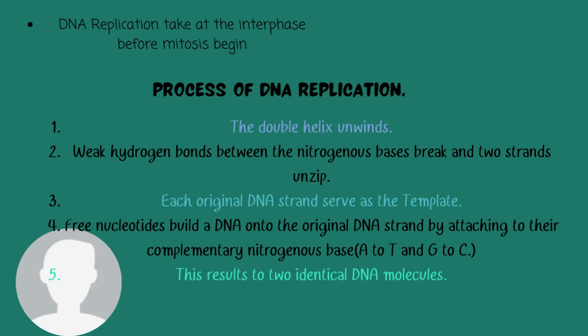After the unzipping, they are separated now. We've got two strands, and each strand serves as a template. The free nucleotides get attached to the original DNA template, which is the single strand, and this results in two identical DNA molecules. You can say it's a daughter cell.